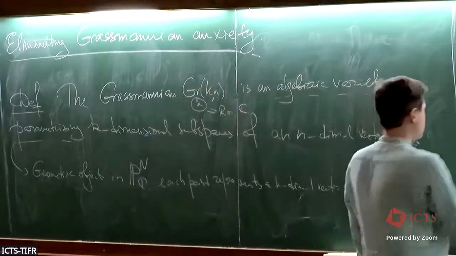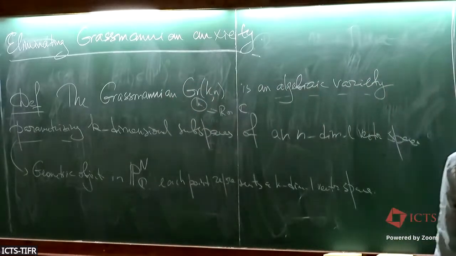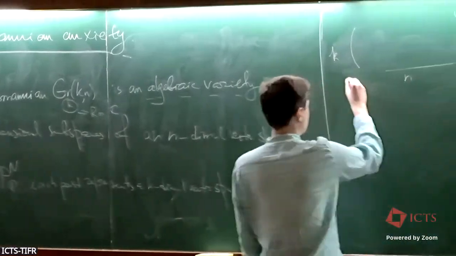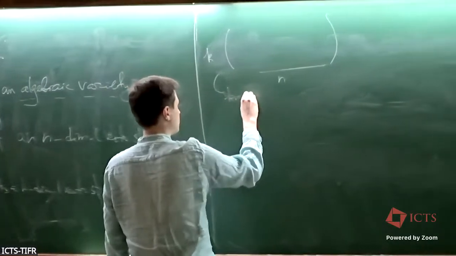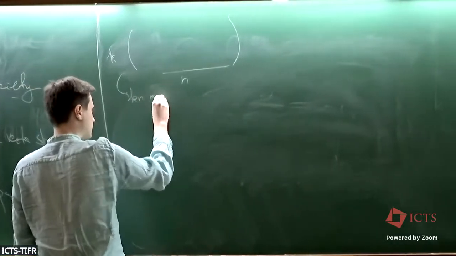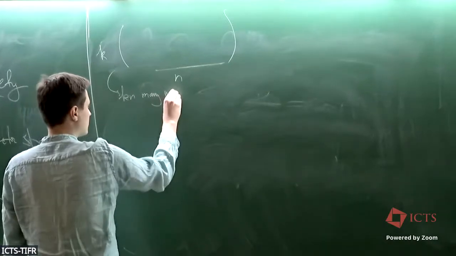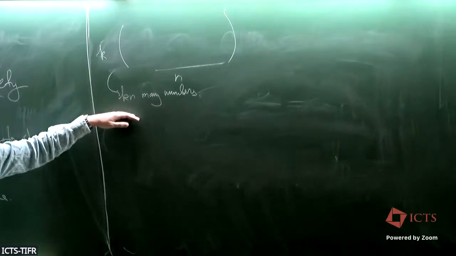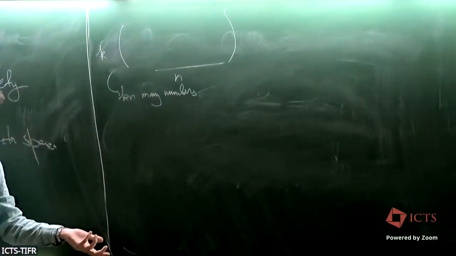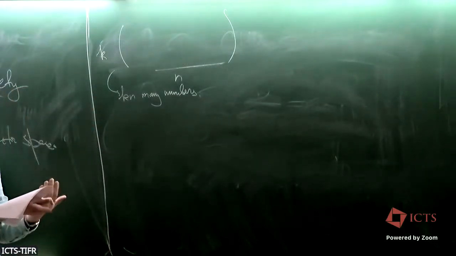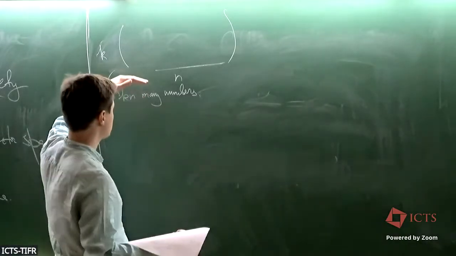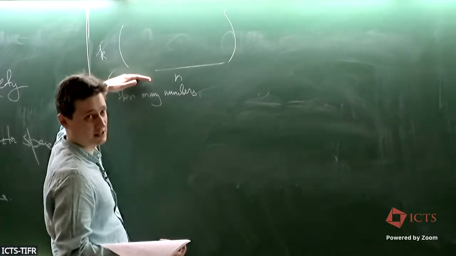Well, the first guess is that you would represent your vector space by a k by n matrix. There are k times n many numbers. So in principle, this is supposed to define a point in a k times n dimensional vector space. But the problem is that there is a correspondence between matrices and points in a vector space, but there is no correspondence between subspaces and points in the vector space, because each vector space has many bases.